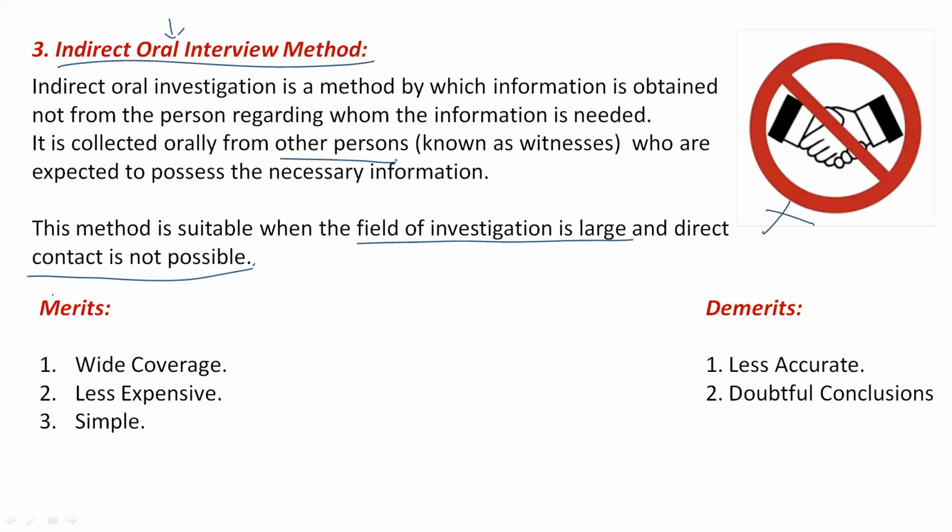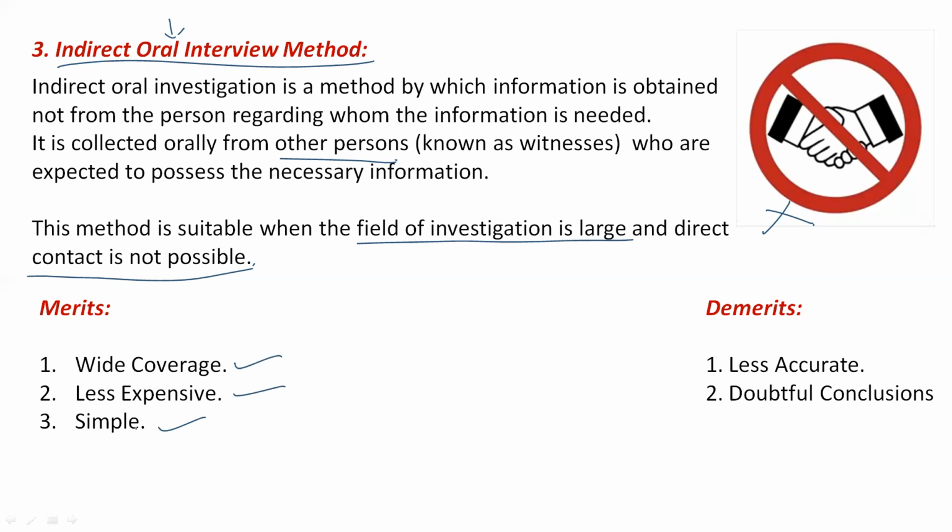Okay, here the municipality authority is the third party or the other person who is providing me the information. Okay, so it has a wide coverage. Then it is less expensive. Yes, only communication with the other person or third party is involved, so it is less expensive. It is simple also. Yes, all we need is a person who can provide us information. Other than that, the process is simple.